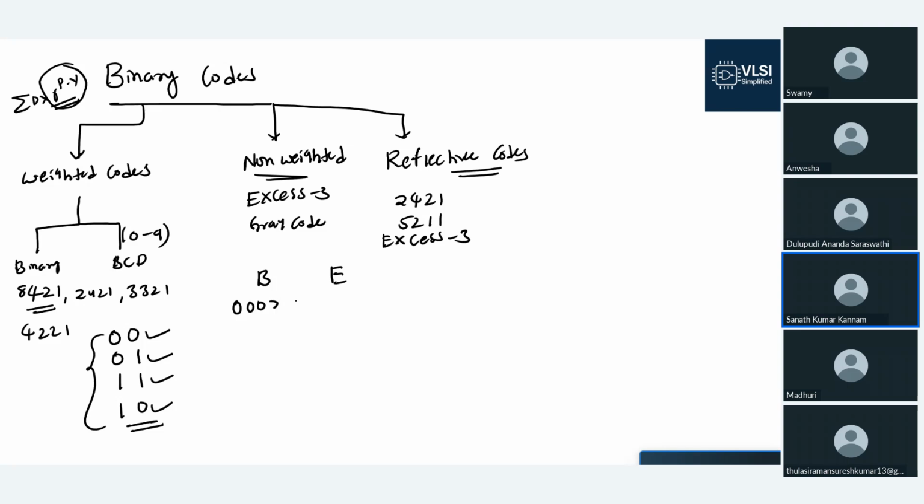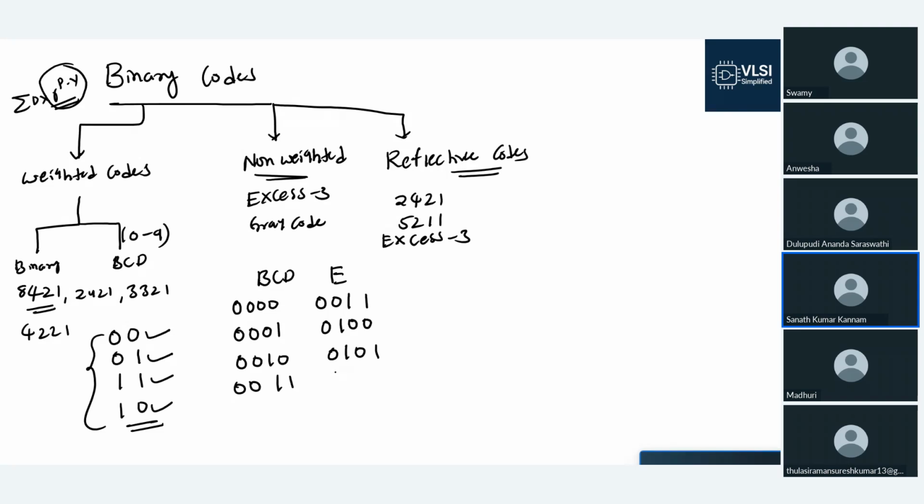So that means 000. What is the XS3 code? 0011. Let us take this as BCD. The range is 0 to 9 only. 0001. This is nothing but adding 3 to BCD, you are getting XS3 code. This is 0010. This is 0101 and 0011.